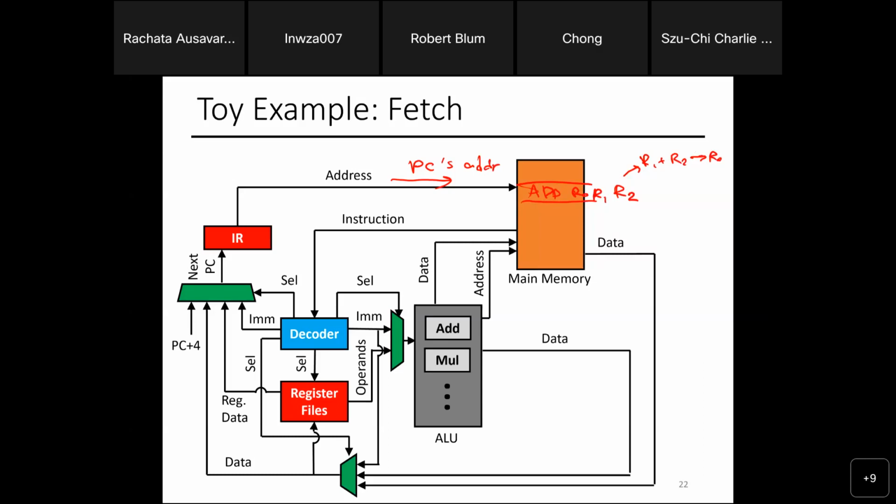Okay, good. At least physically. All right. So the program counter, let's say it points to an add instruction. I want to do R1 plus R2 as input, and write to R0. That's our assumption. With me so far with this assumption?